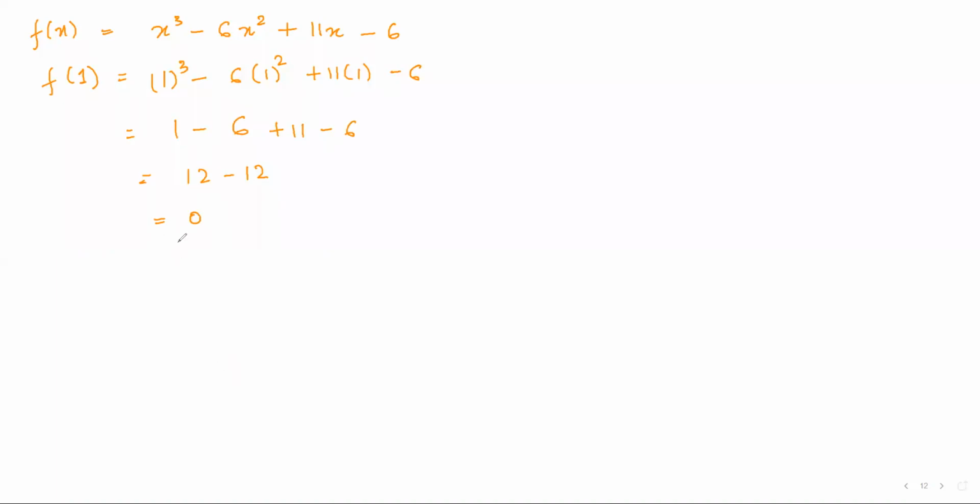Now, in this case, when the value of the polynomial is coming out to be 0, that means this particular value which I have chosen for the variable is called the root of this polynomial. Root or zero, different names we can give. Understood? So I can say that x is equal to 1 is a zero or root of this polynomial.